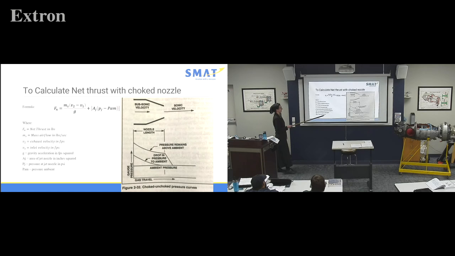But now you have to figure out area of the jet nozzle, pressure of the jet nozzle, and also ambient pressure. Here we have subsonic velocity, and right here it goes right at the speed of sound, sonic, and the nozzle length has to be engineered for that to happen properly. So this is the example of the choked nozzle, where pressure remains above ambient, and this would just be unchoked.